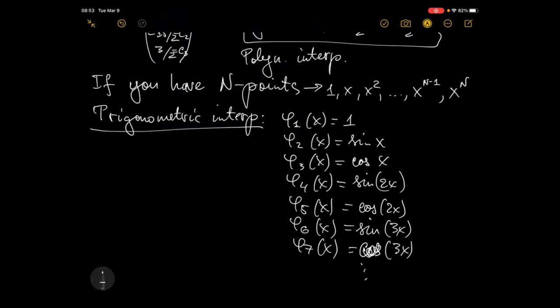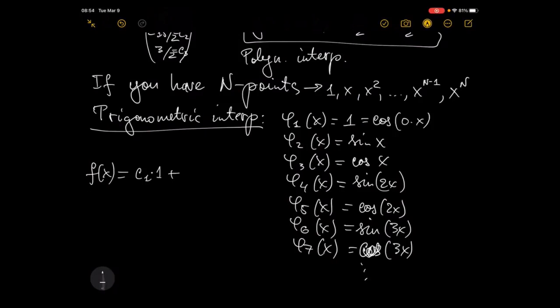So if you represent your function f of x as c1 on 1 plus, you can say that this is cosine of 0 multiplied by x, right?